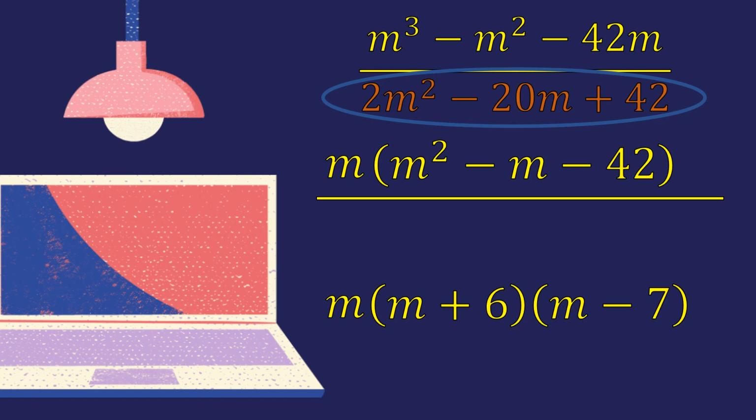2m squared minus 20m plus 42 is factorable. We can also use common monomial factor. And the common monomial factor is 2. The other factor is m squared minus 10m plus 21.